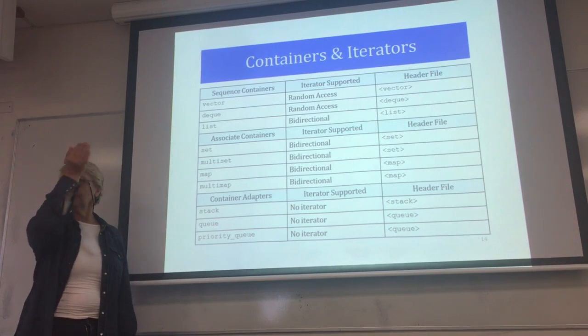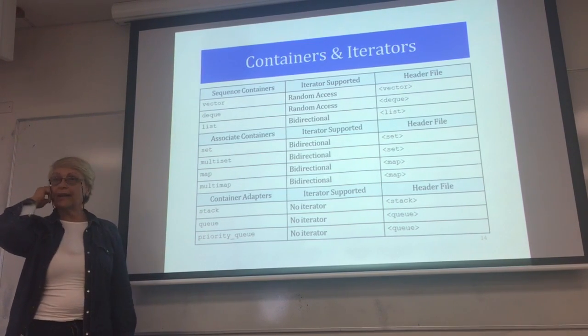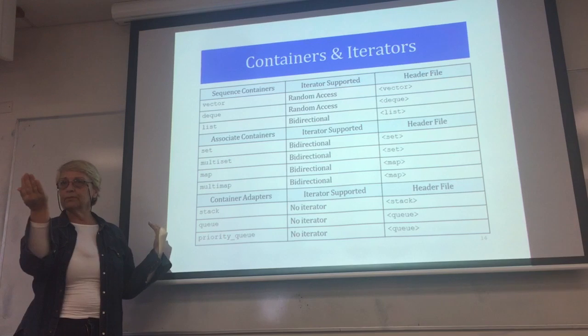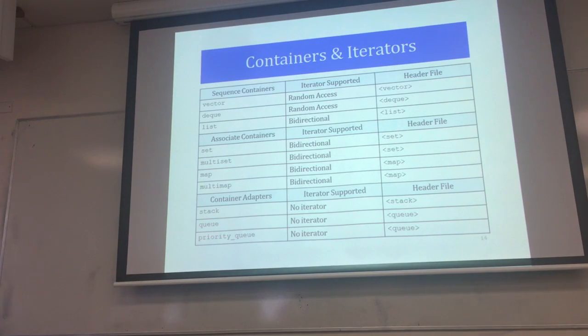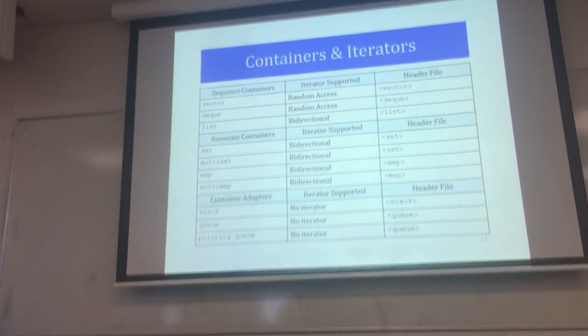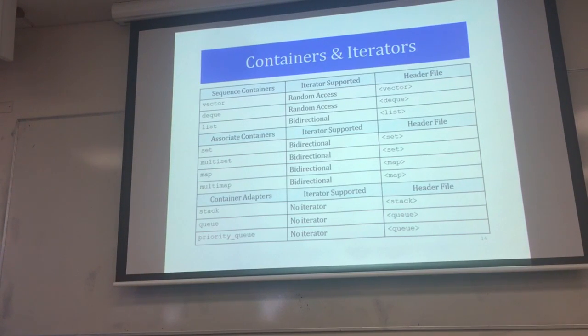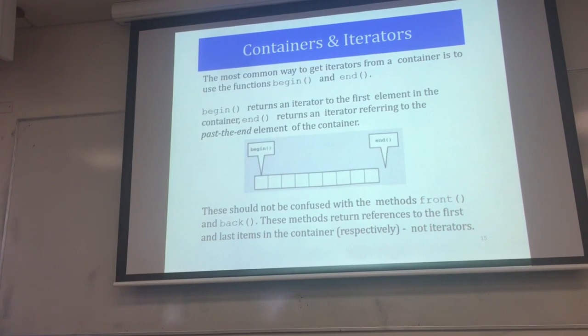They have to work only with specific locations, a stack only through the top. So it doesn't make sense to have iterators, even if they are based on vectors, so the iterators are probably made private for these in order to disallow them. Therefore, you have to know this in order to use the algorithms we will talk about.